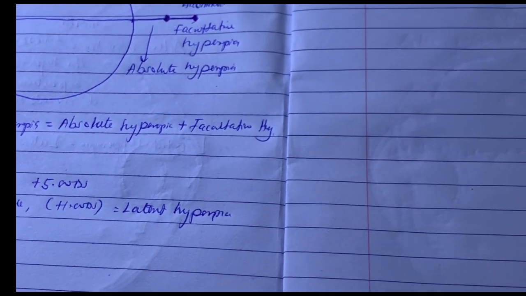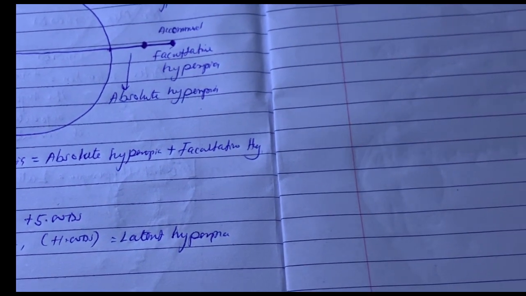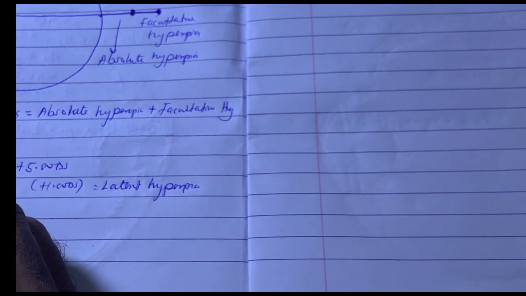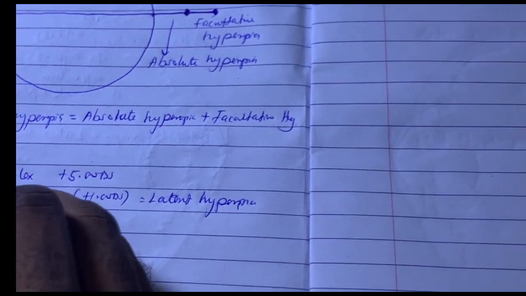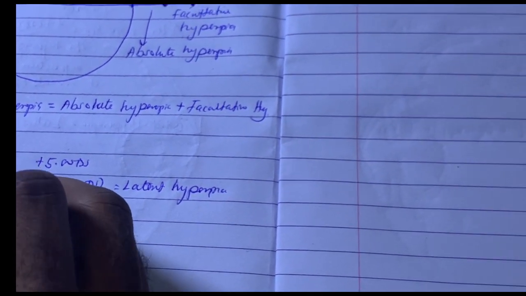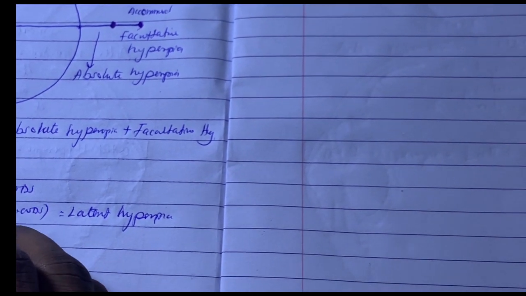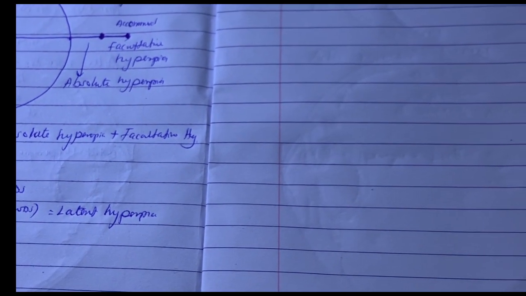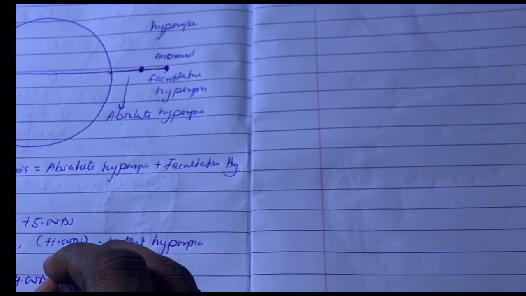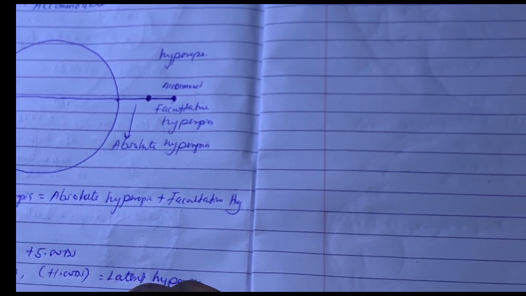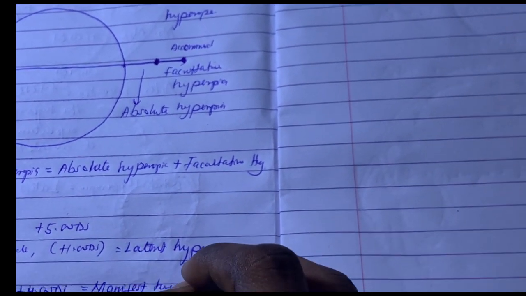Now, with refraction, the remaining +4 diopters cannot be corrected by the ciliary muscle. That +4 becomes manifest hyperopia.